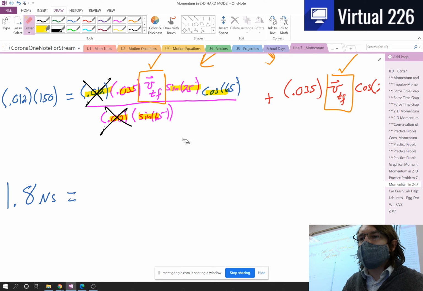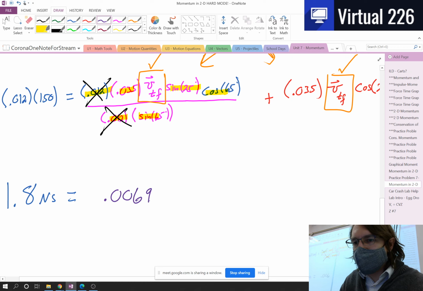I'll then divide it by the sine of 65. And here, I get the quantity 0.00689, which let's just round down to 0.0069, and then we still have that final velocity of the tin cup.